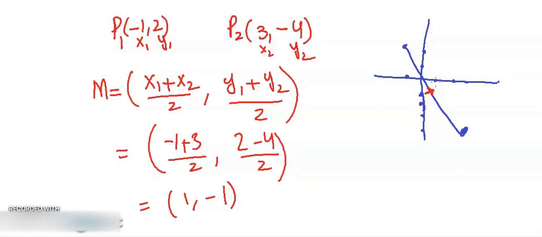The question can be asked in another way as well. For example, if you are given a midpoint and another point, and you are asked to find the other point. Let me reiterate what I said.